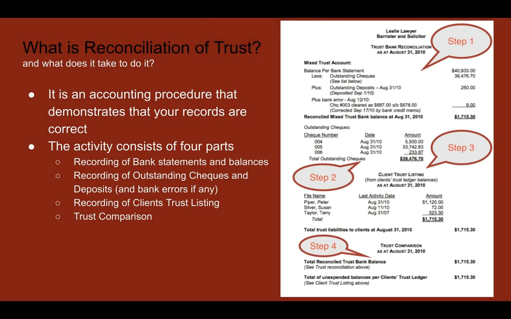And from that, you reduce all the outstanding checks and you add all the outstanding deposits and you add all the bank errors, if there is anything that was not fixed within the same month. So then you would arrive at the reconciled balance.